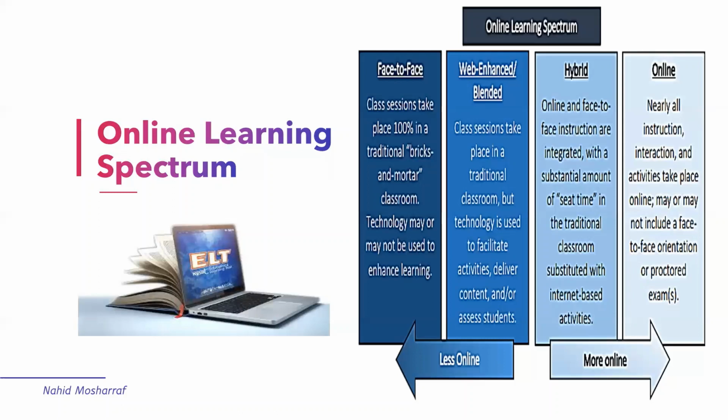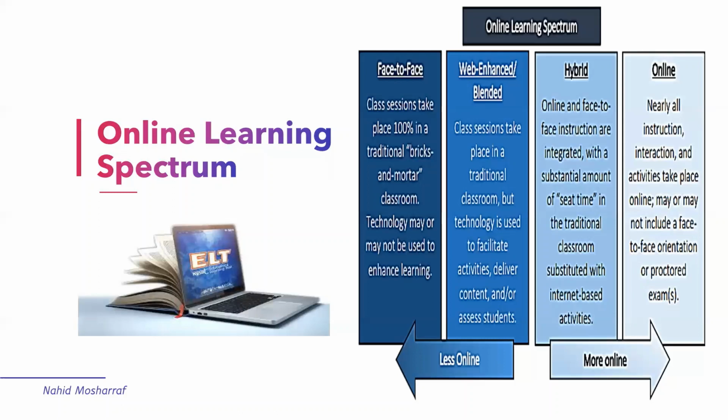So what they are going to do, they will split section A. For example, we have section A and there are 50 students in the class. These 50 students will be split into 2 groups.